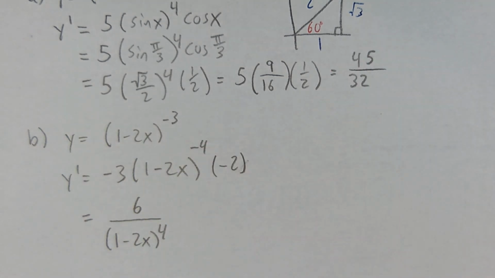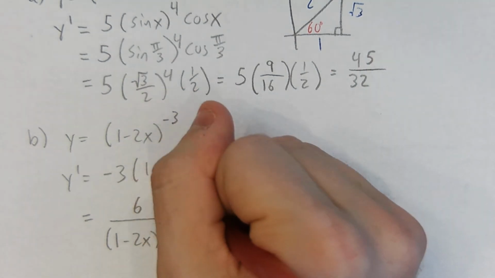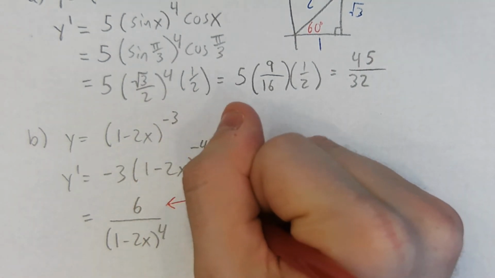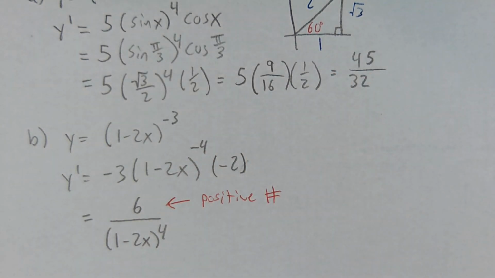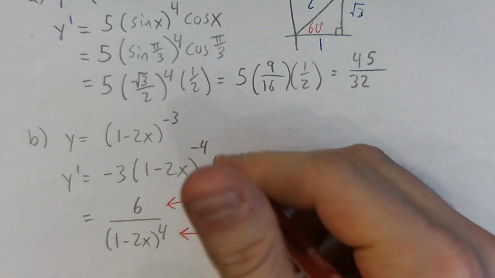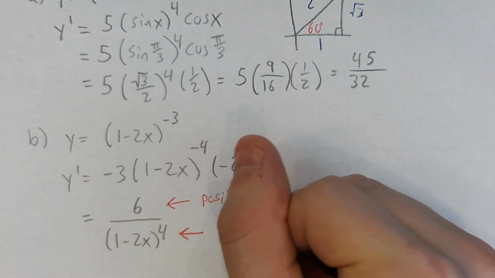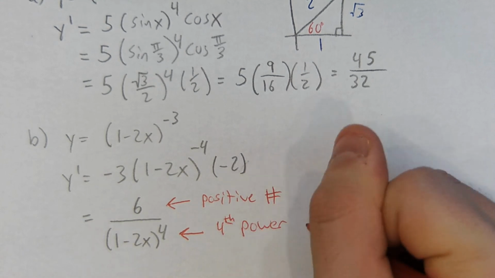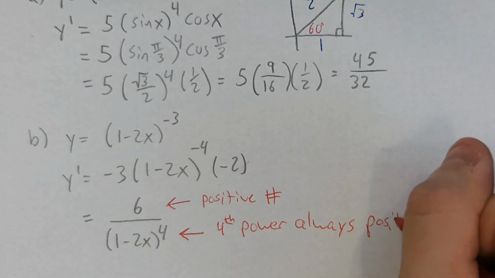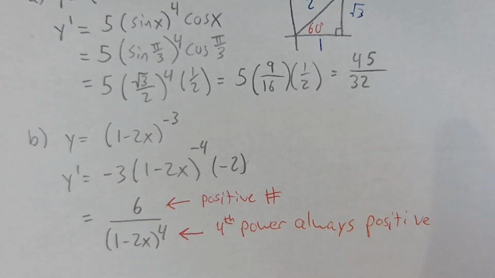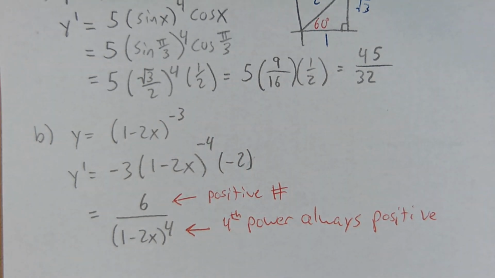And guess what? 6 happens to be a positive number, and 4th powers are always positive. So because the top and bottom of this fraction are both positive, this derivative is always positive. It doesn't have a choice. Ta-da! Pretty neat, huh?